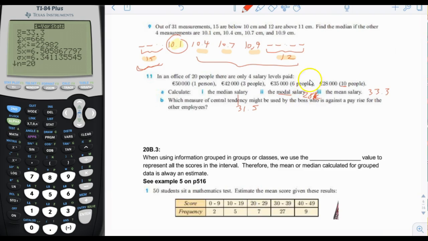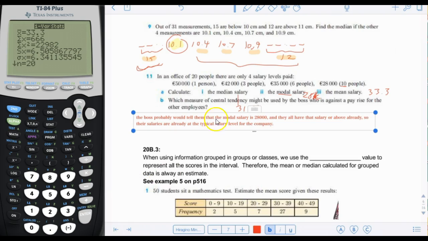If he says that the modal salary is 28,000, then everyone's going to think that they already have a good salary. The 28,000 euro people are going to say, hey, I have the typical salary, so I don't need to raise my salary. Okay, so that's what I'm going to put. I wrote down a summary of that there.